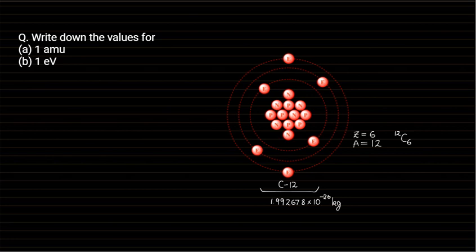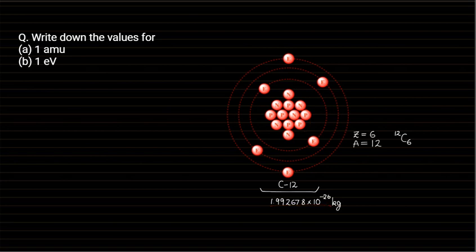Consider the fact that protons and neutrons have almost equal mass, approximately the same. So instead of considering them as different particles, just consider them as the same particle having the same mass for now.